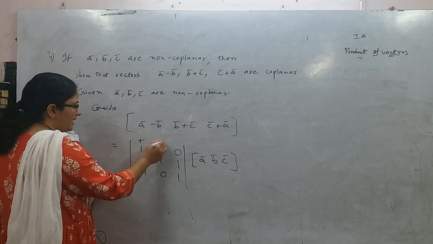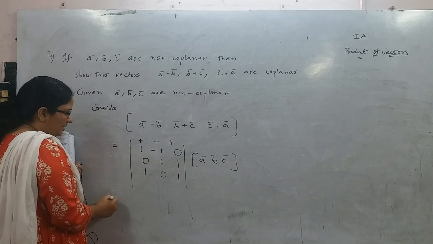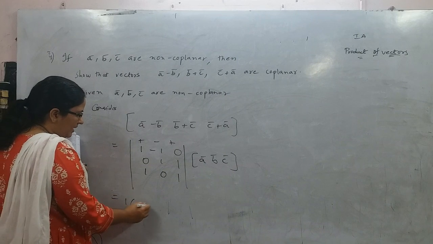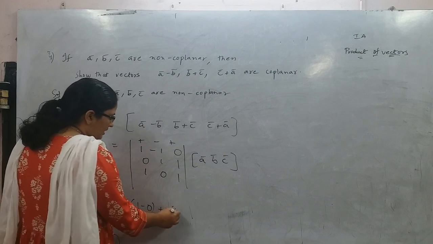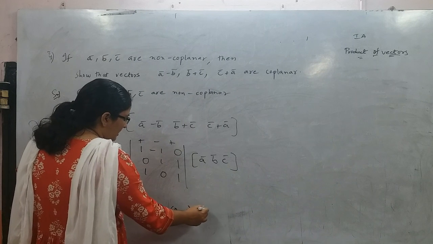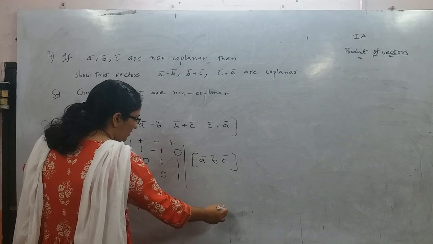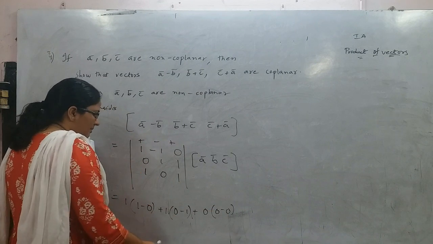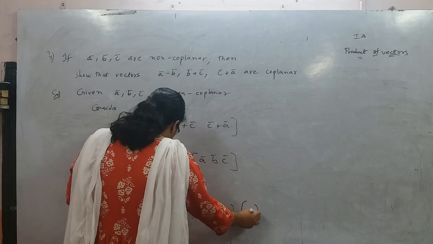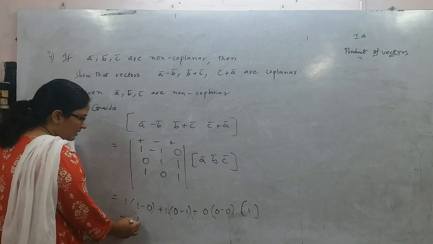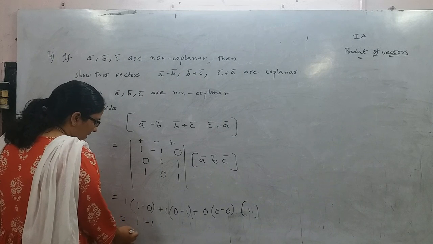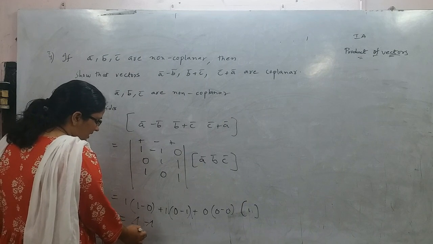So plus, minus, plus: 1 into (1 minus 0) plus 1 into (0 minus 1) plus 0 into (0 minus 0). Box abc is 1. So you have 1 minus 1 here. So plus 1 minus 1 cancel, the answer is 0.